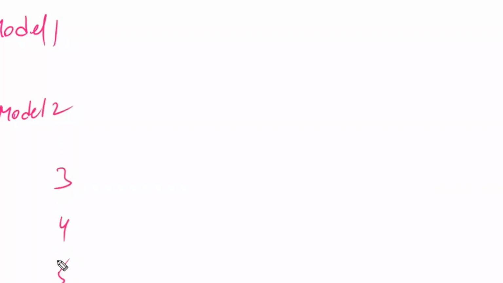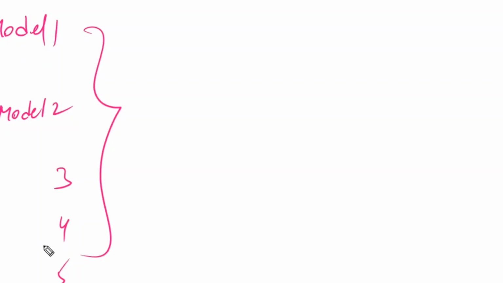Like this you have to try all the models. After trying all the models, you have to identify which is the best model. Finally, you have to save that best model. That is the work of the machine learning engineer, not the data scientist's work.